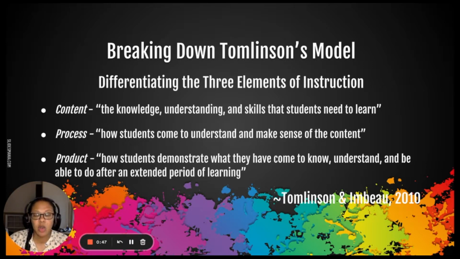The content is the knowledge, understanding, and skills that students need to learn. It is actually the information that we garner from the standards: the skills they need to master, and the concepts they should internalize. The music that we choose, right?